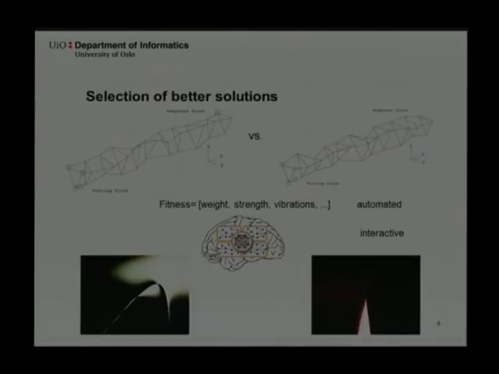And then you need to know what are good solutions and what are not so good solutions. And you could specify this mathematically. You could make a formula. You can have a simulation program that simulates the stress and vibrations of this satellite part, or you could do it a bit more interactively.